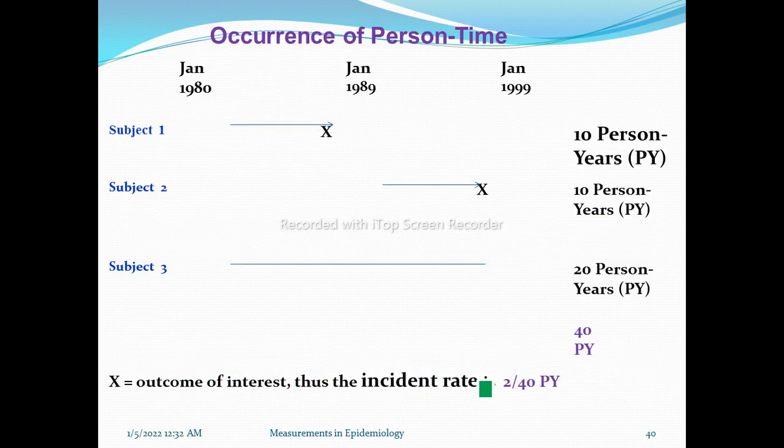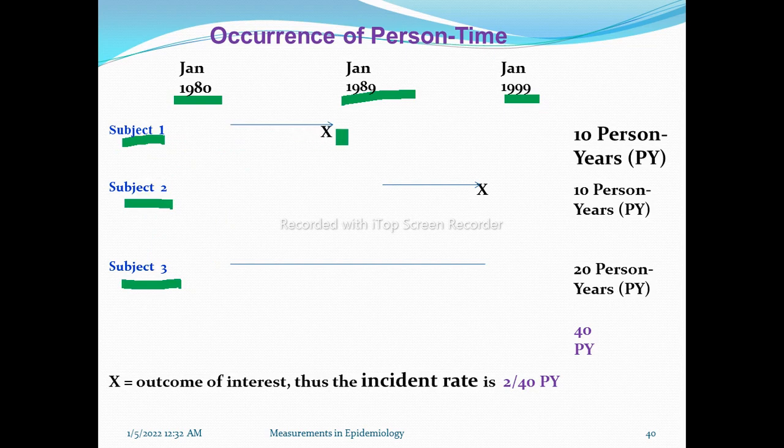Now the occurrence of person-time. When we see the person-time, this is data collected over some duration in 1980, 1989 and 1999. This is subject 1, subject 2 and subject 3.